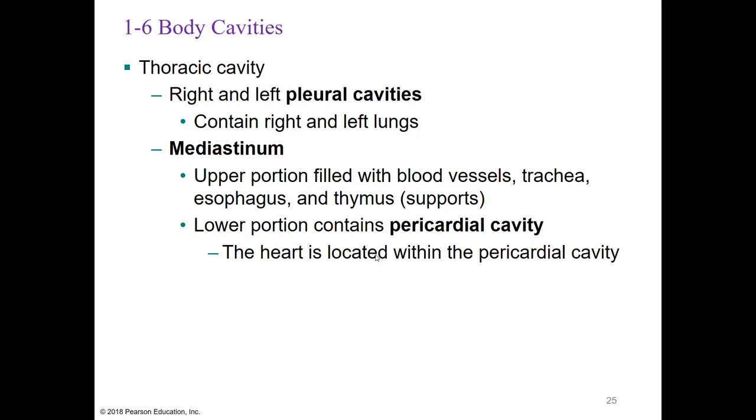So it's going to split that chest cavity right up into a right and left pleural cavity. It's also going to house blood vessels. The trachea and esophagus are all going to be right there. And within the thoracic cavity, we've also got the pericardial cavity, which is where the heart is located.